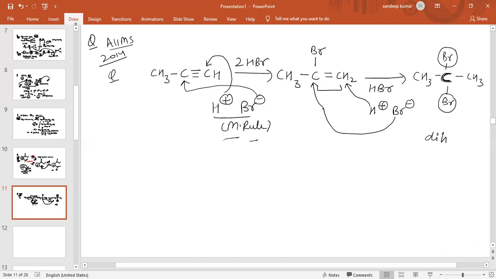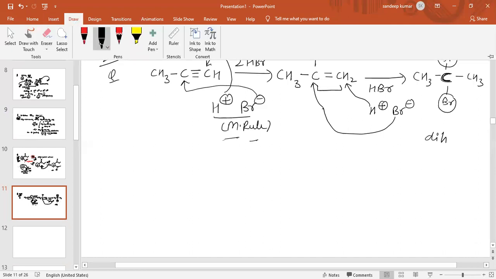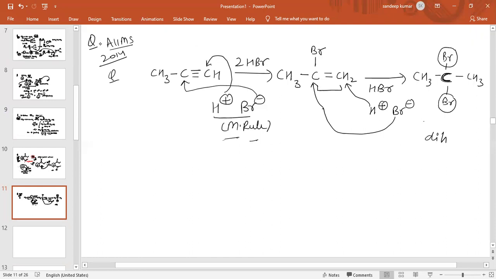When two same functional groups attach on the same atom, then this is geminal. This is a geminal dihalide. This question was also asked in AIIMS 2014.